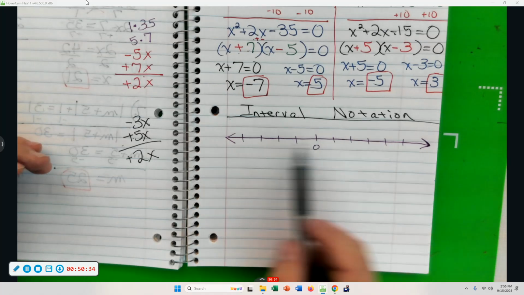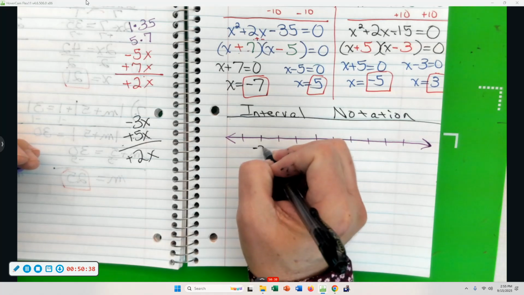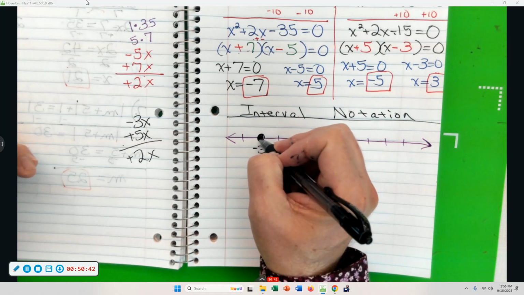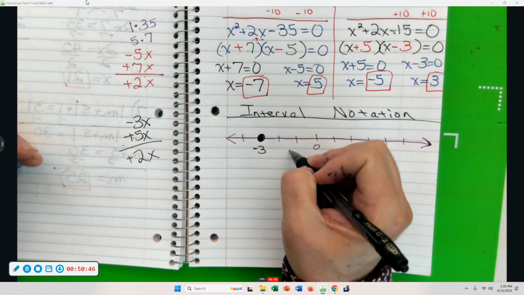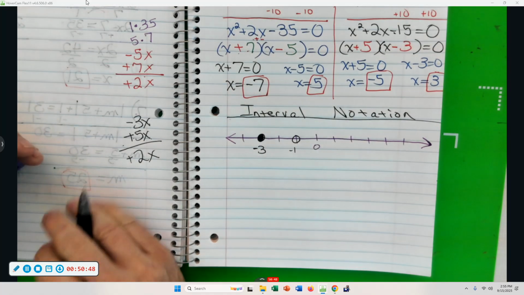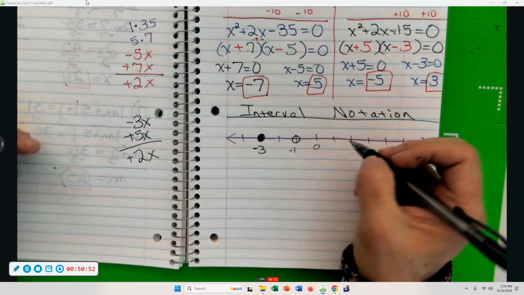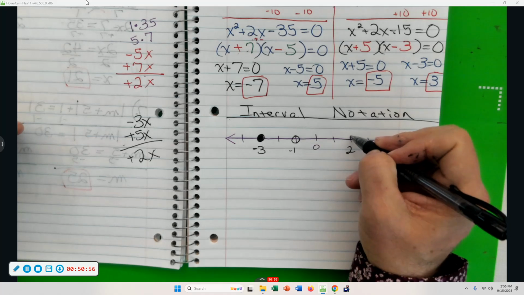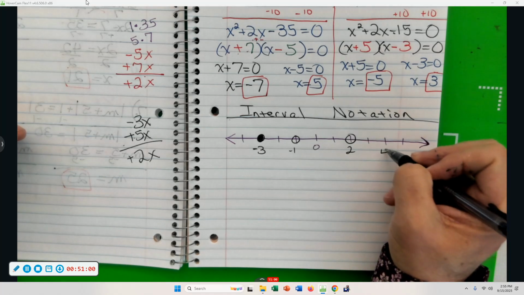They cut up the number line. Let's say we have a closed dot at negative 3, and here's negative 1. We'll have an open dot at negative 1, and there's 2. Let's put another open dot. And here's 4.